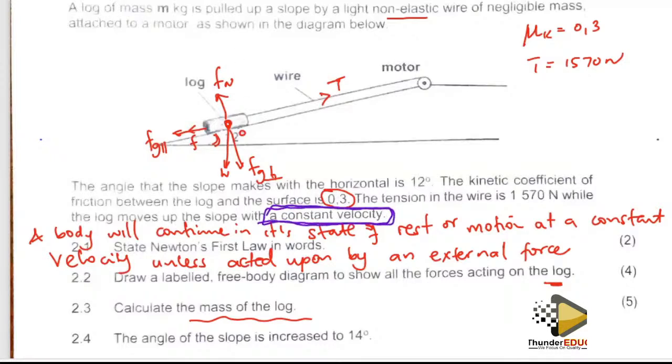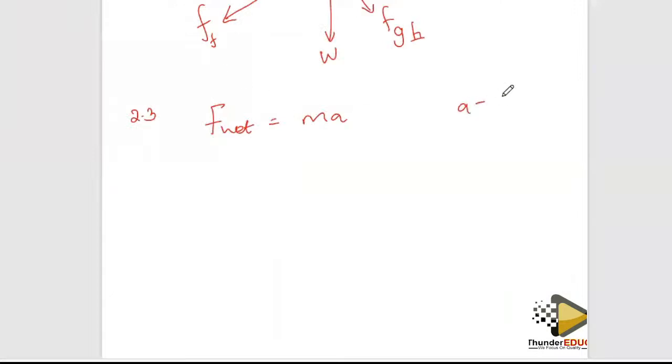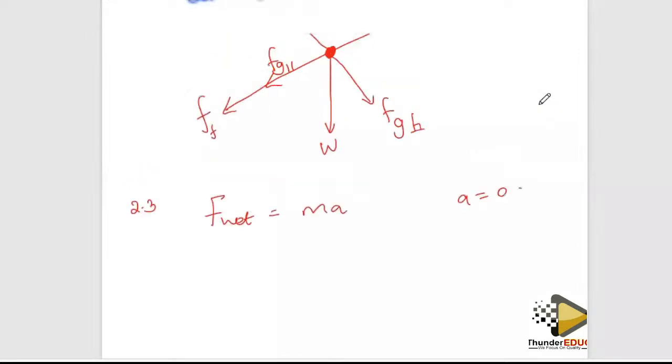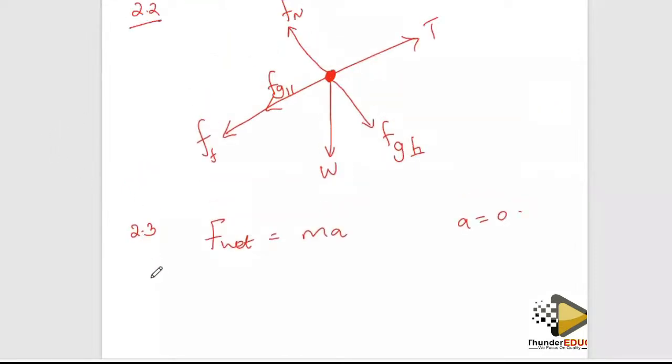That we need to know. So my acceleration is 0. So I'm going to have my tension force. Since it's moving upwards, I'm going to subtract the sum of the F_g parallel and the frictional force. This must give me the mass times the acceleration, which is 0 now, since a is 0.